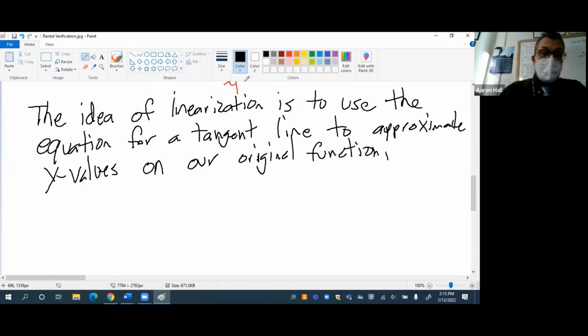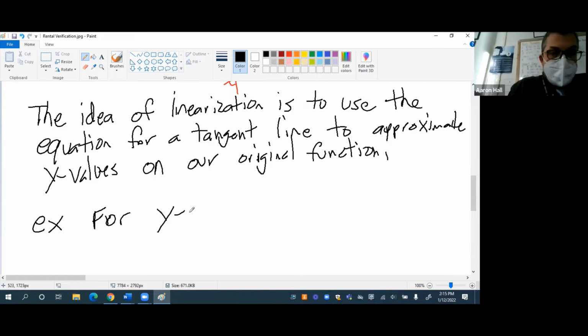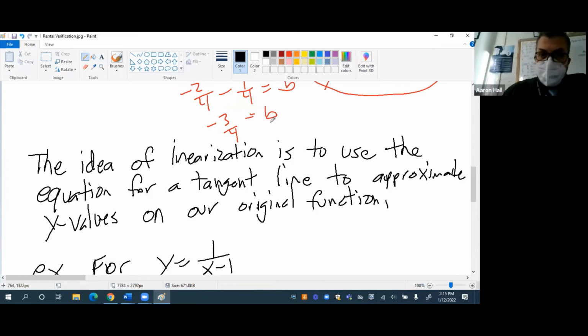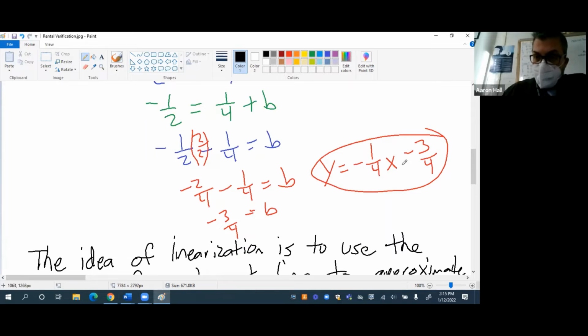Okay, so let's do an example. I want to approximate, from the previous problem, y equals 1 over x minus 1. That was our previous equation that we graphed, and then we found the derivative, and we even found the equation for the tangent line, which was here.